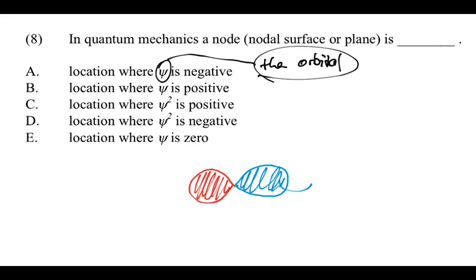The blue part was the positive part, so psi is larger than 0, and the red part was where the wave function is negative. Where is the node? The node is in the middle here. It's actually a nodal plane through the middle, where the wave function is 0.